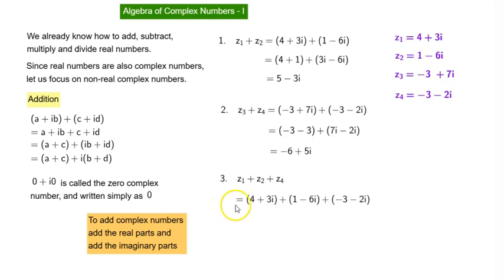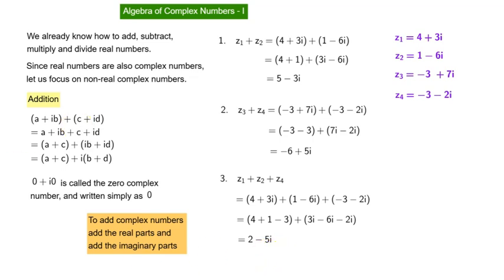If we have to write it stepwise, we can do that step by step. Or what we can do is, for Z1, Z2, Z4, take 4 plus 1 minus 3. 4 plus 1 is 5, 5 minus 3 is 2. Now 3i minus 6i is minus 3i, minus 3i minus 2i is minus 5i. So our answer is 2 minus 5i.